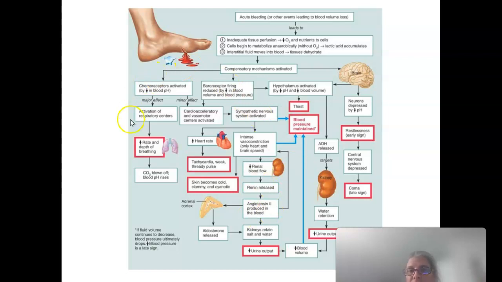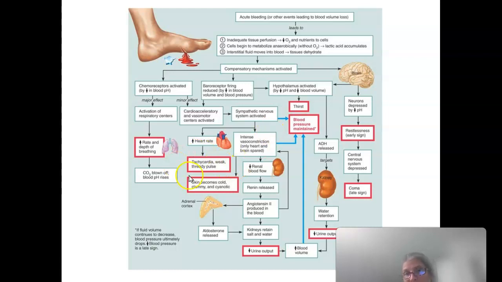So the very first thing that's going to happen when this occurs is your nervous system and your baroreceptors. So my chemoreceptors and my baroreceptors jump in. Notice I stimulate my cardioacceleratory and my vasomotor center. I'm going to raise my heart rate and I'm going to vasoconstrict my blood vessels because I'm trying to maintain pressure as much as possible.